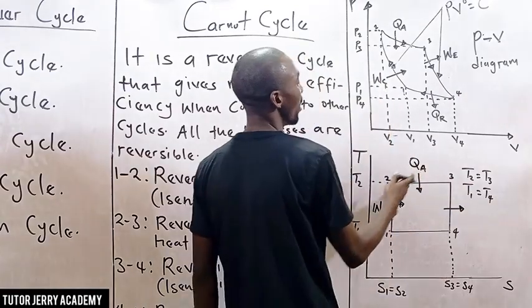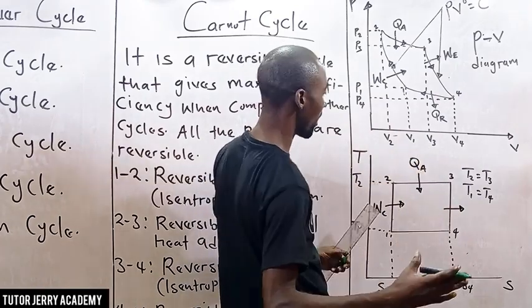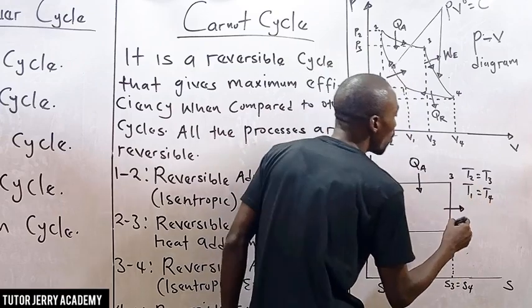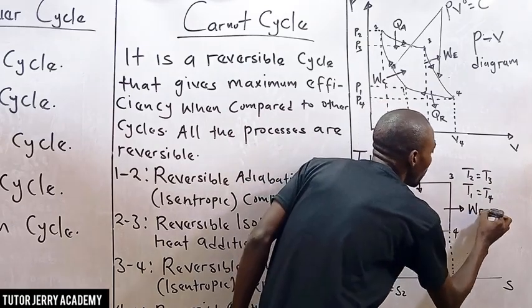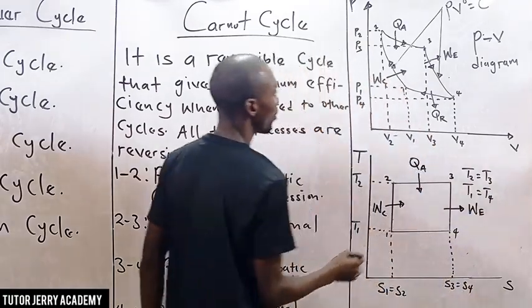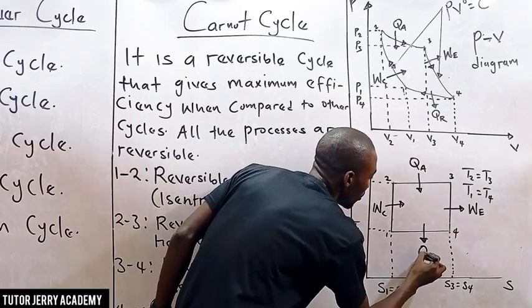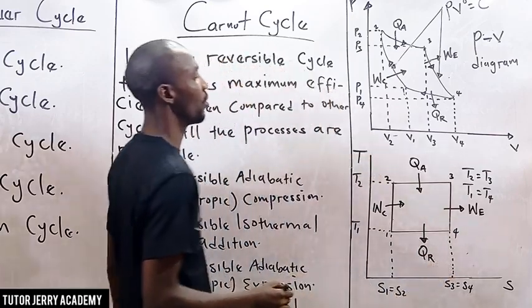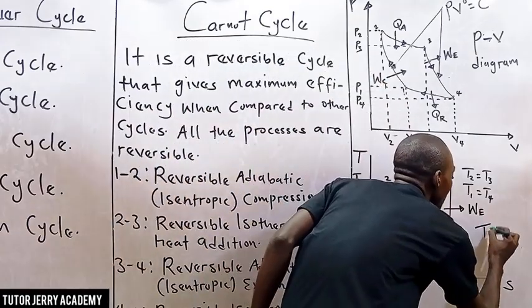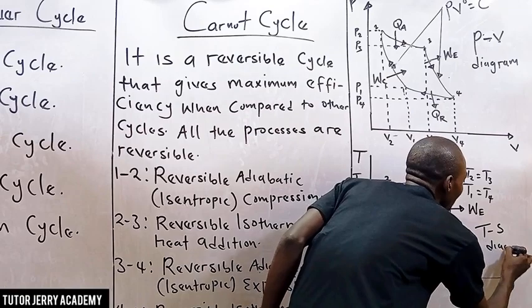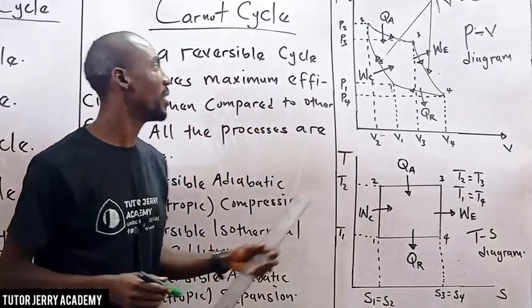That is after heat has been added, the air expands, thereby producing work output. So we are going to have W as work done during expansion. And here we are going to have heat being rejected. That is QR. All right, so this is the PV diagram, while this one is the TS diagram. All right, so done with the PV and the TS diagram.